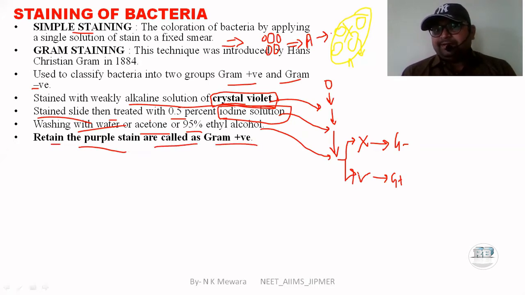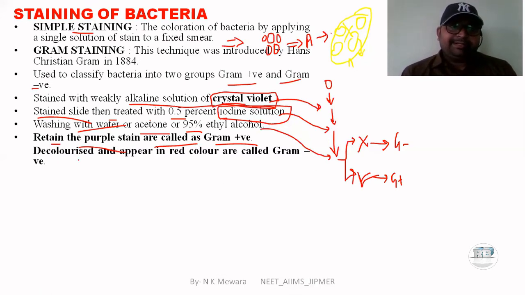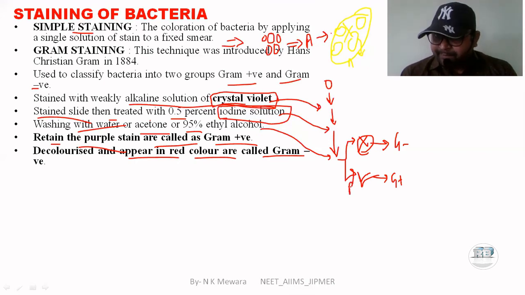Those that are decolored and appear red are called Gram negative. In Gram negative bacteria the stain is cleared, so the purple color does not appear.